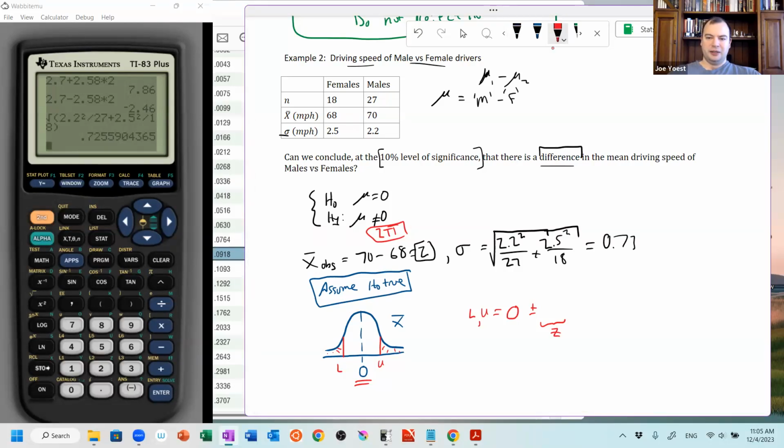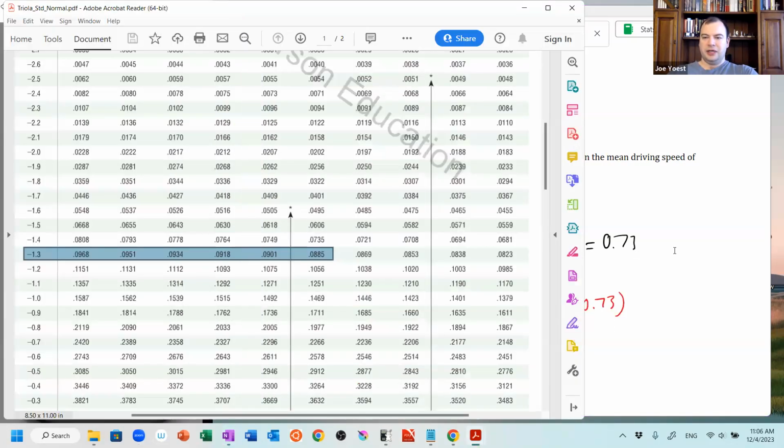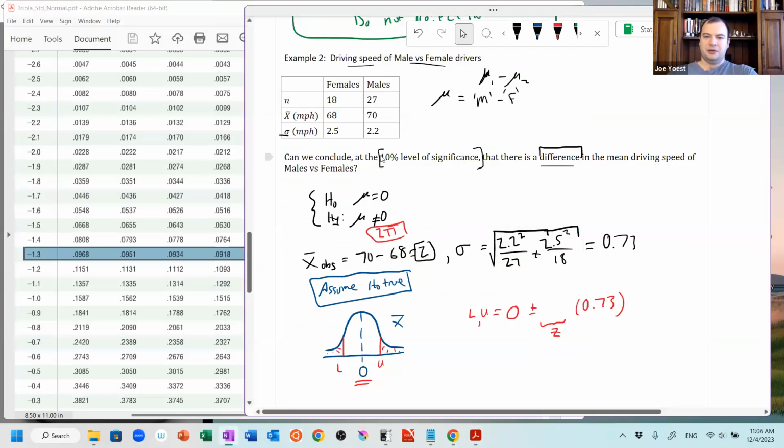So what is my quote confidence interval? What is my rejection region? What are my rejection region bounds going to look like? The middle of the distribution, 0, plus or minus some z index we'll find in a second, times 0.73. We need a z index for a two-tail test.